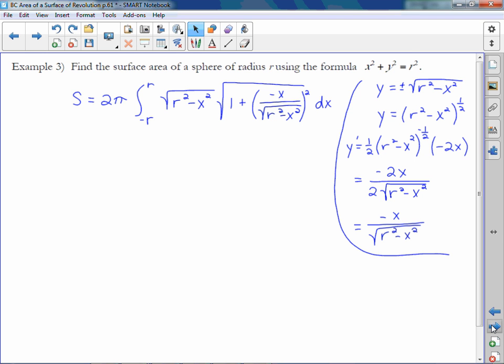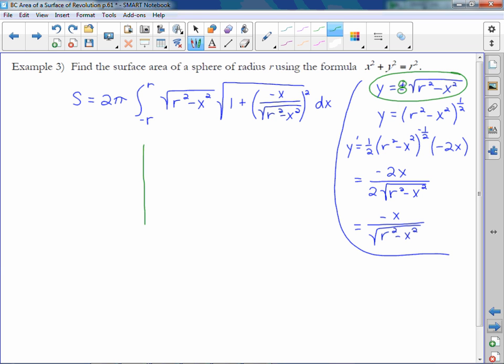Okay, so what we're really doing, again, when you solve for y, you get the top and the bottom half, that is centered about the origin. So here's our circle. Let's go out. We'll say this is negative r, and that's r.